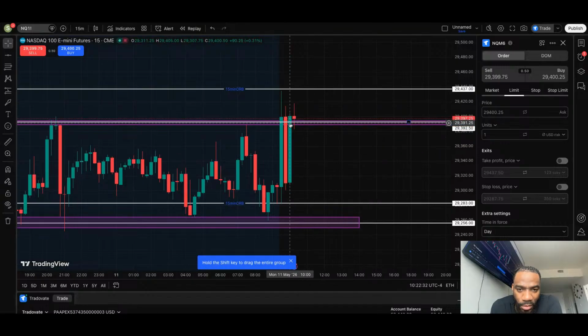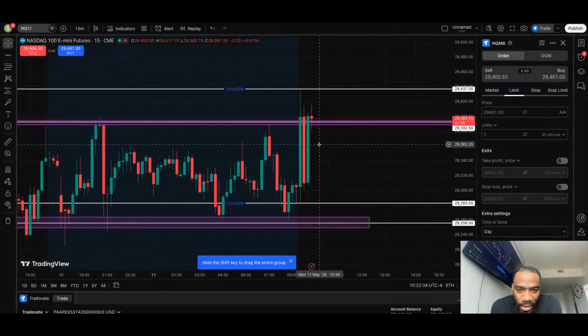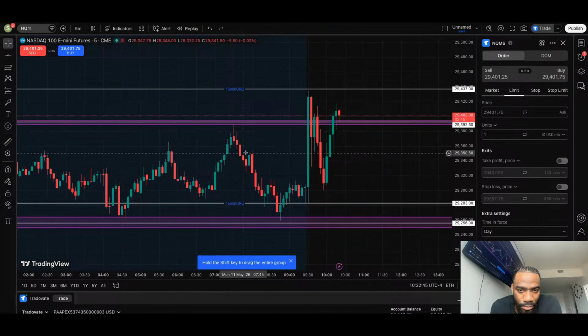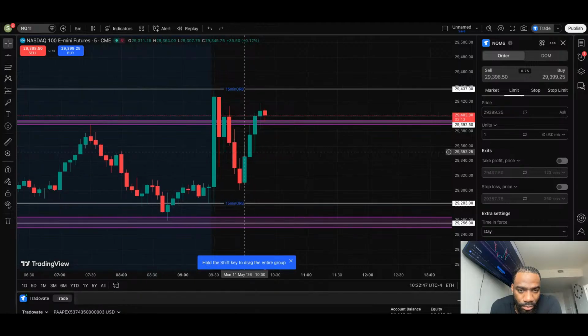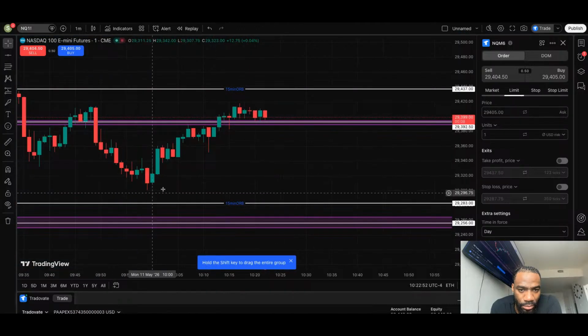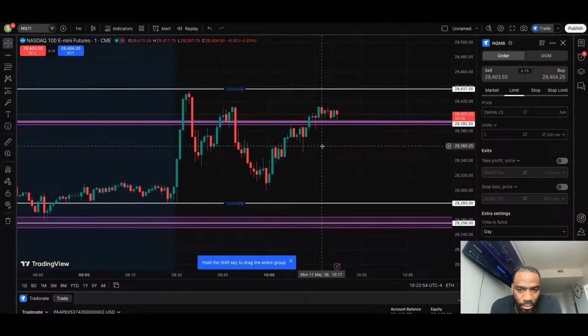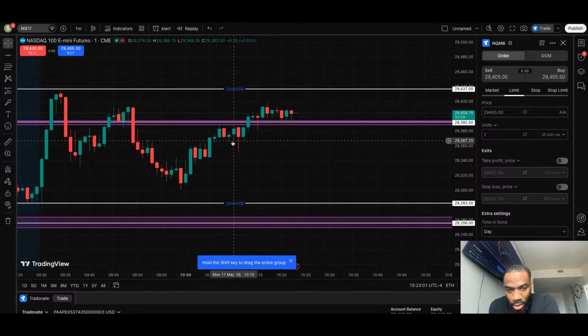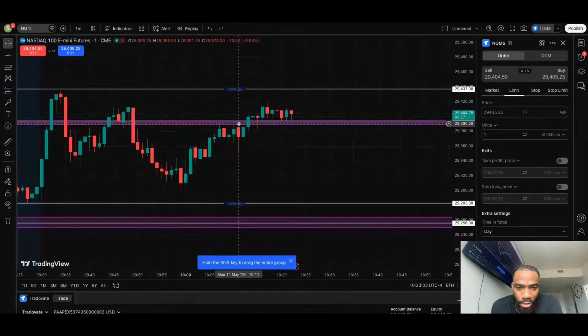So on a 15-minute though, I don't really like it. The next candle could easily just dump. But this is what you want to see if you're a breakout person.